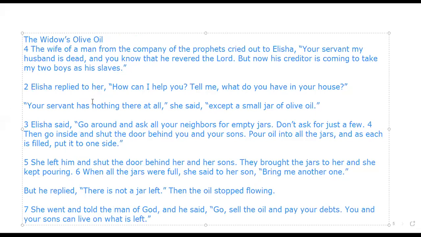Do not gather just a few. But when you have come in, you shall shut the door behind you and your sons, then pour it into all these vessels and set aside the full ones. So she went from him and shut the door behind her and her sons, who brought the vessels to her, and she poured it out. Now it came to pass when the vessels were full, that she said to her son, Bring me another vessel. And he said to her, There is not another vessel. So the oil ceased.